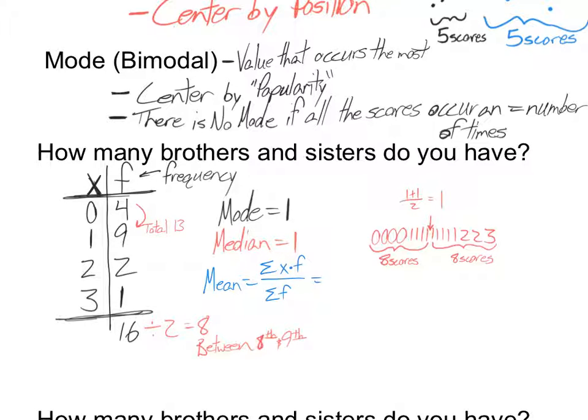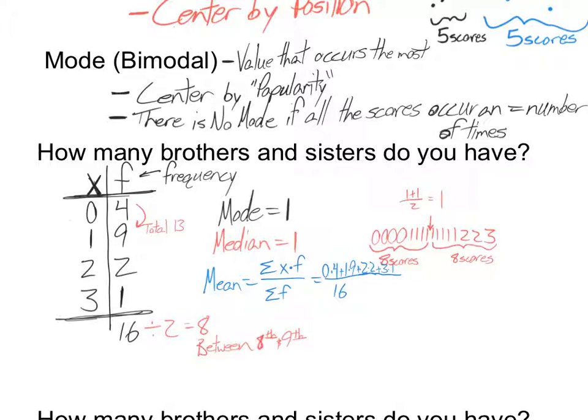We saw there were 16 people. But rather than adding up 9 ones and 4 zeros and 2 2s and 1 3, we can simply do 0 times 4 plus 1 times 9 plus 2 times 2 plus 3 times 1. Yeah, that does make sense.